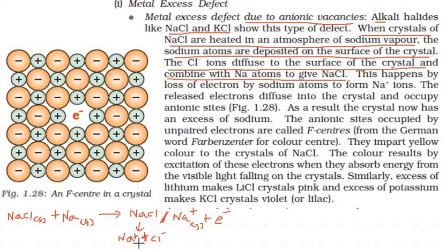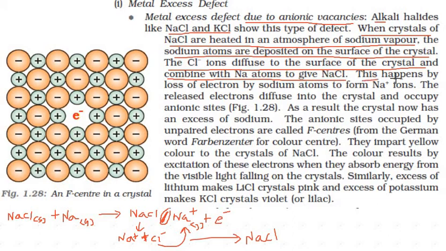That means there are Cl minus ions present in the crystal, which diffuse from the crystal and go to the surface and give what? NaCl. Okay, that means Cl loses its original place in the crystal, goes to the surface, and reacts with Na plus to give you NaCl.